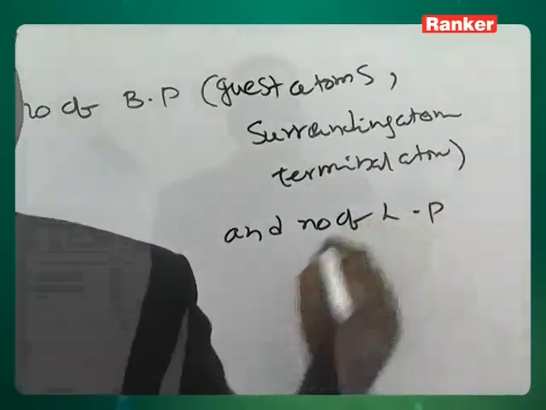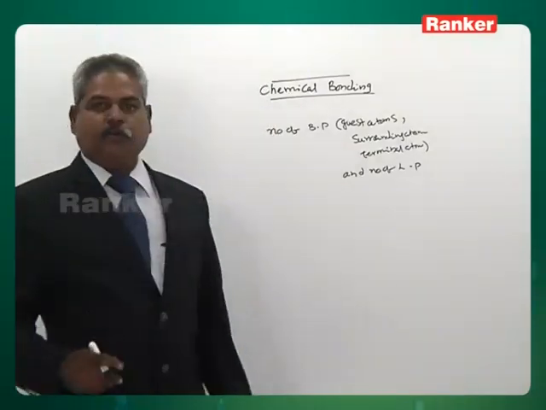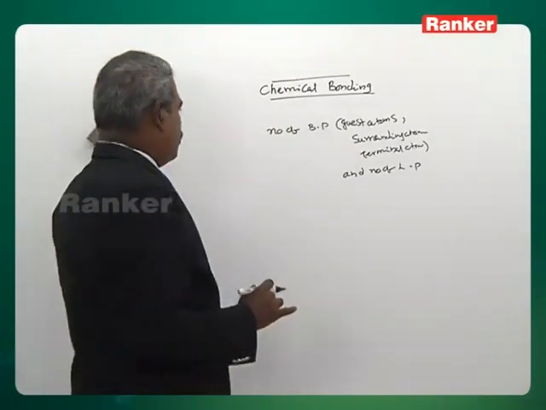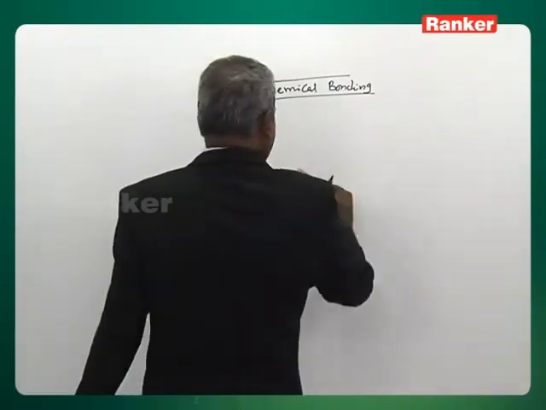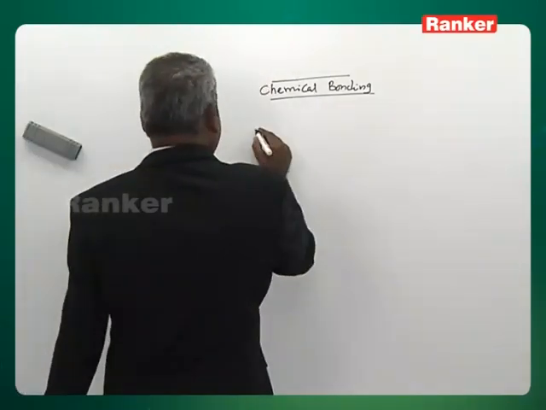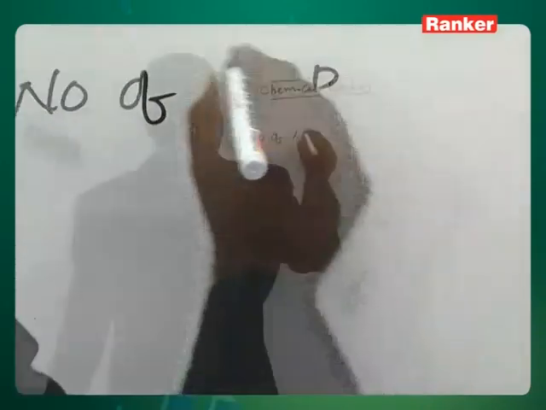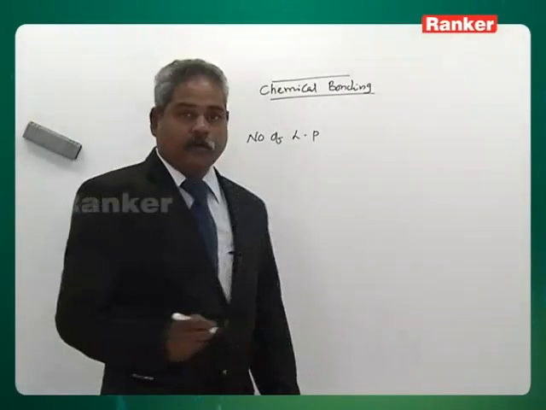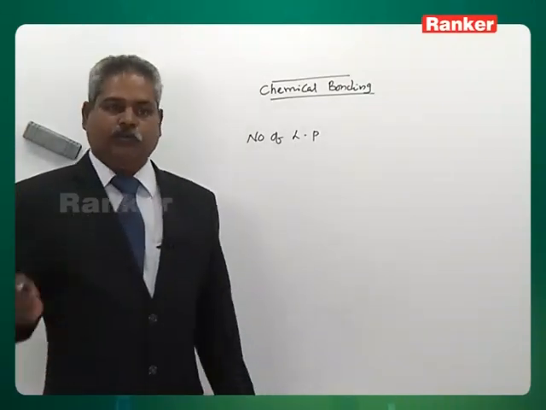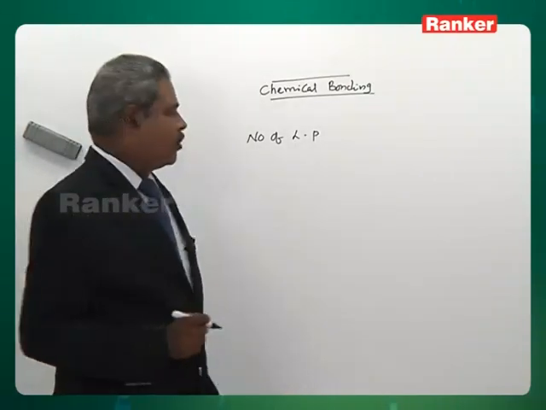That's all. It depends on the number of bond pairs and the number of lone pairs. So, most importantly, before we try to find shape, we should find the number of lone pairs. How to find? What do you mean by number of lone pairs? Number of unused electrons in bonding. How many electrons are not being used?